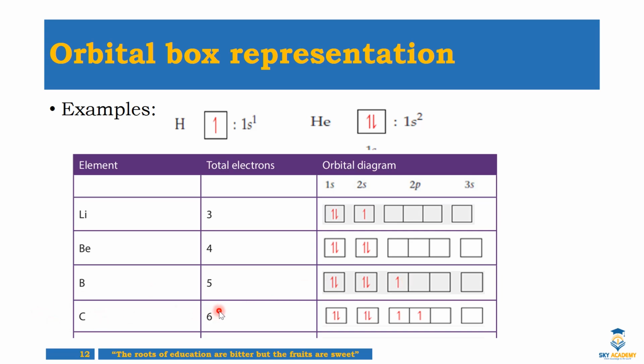And then carbon, with 6 electrons: you need a box for the 1s2, another box for the 2s2, and another box for the 2p2. You see, those two electrons are both spinning up, in different orbitals.